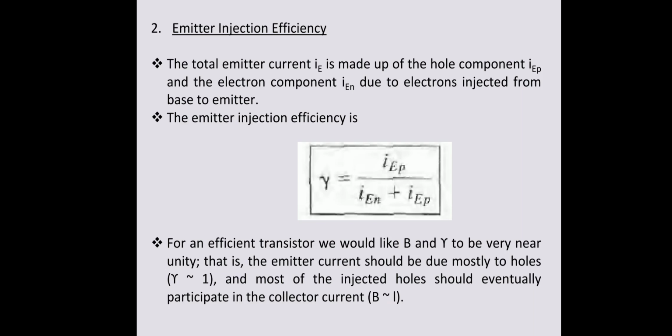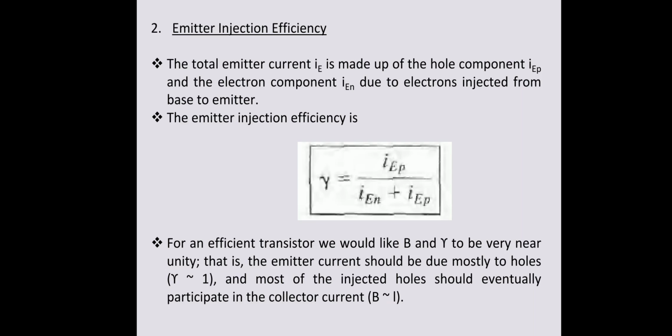So in the practical case, the total emitter current IE is made up of two components, that is the hole component IEP and the electron component IEN, due to electrons injected from base to emitter. Using this we can define the emitter injection efficiency gamma as the ratio of the hole component of current to the total emitter current.